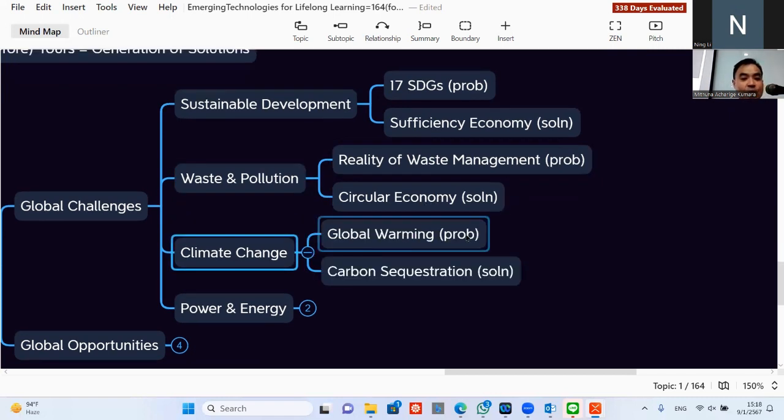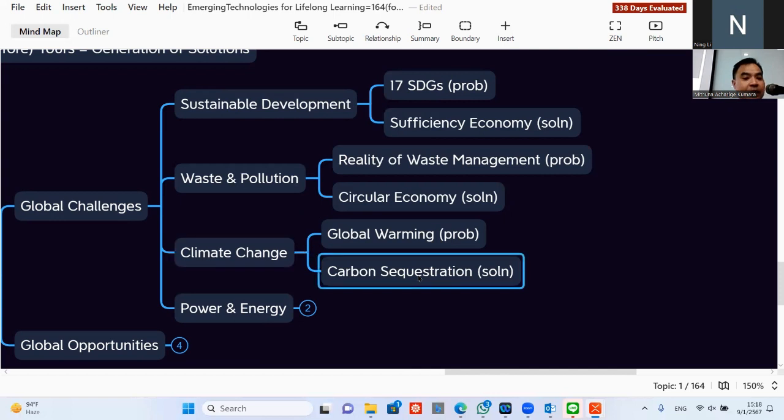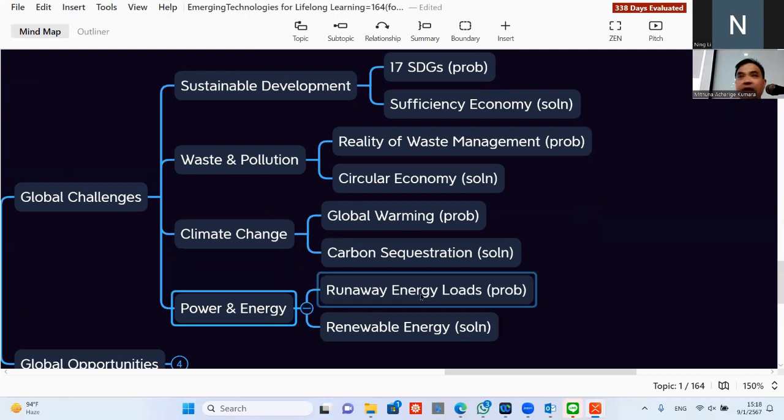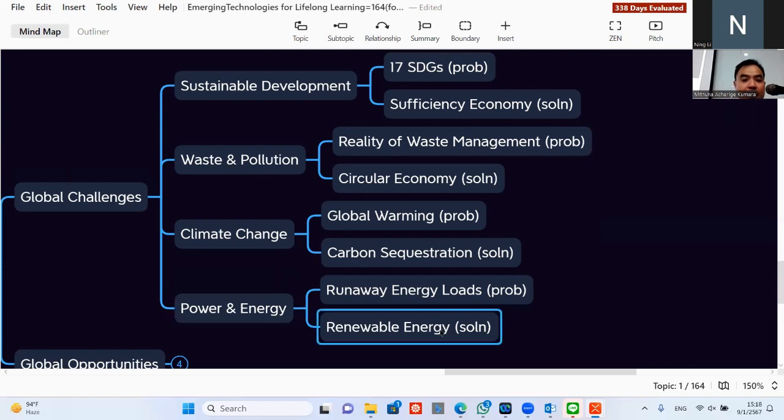Climate change, global warming is a problem, okay? Well, certainly renewable energy is a solution, but so is carbon sequestration. Power and energy, you have a runaway necessity, everything is run by energy. So we're talking about renewable energy, okay? So these are the global challenges.